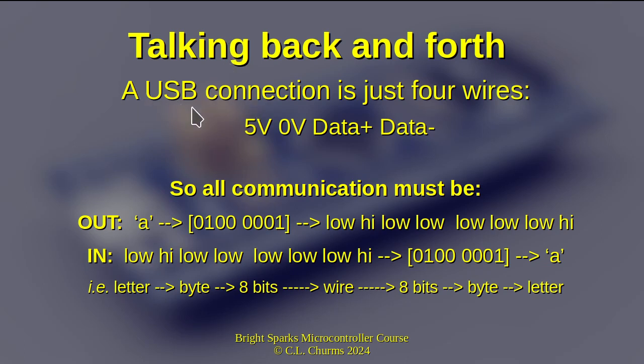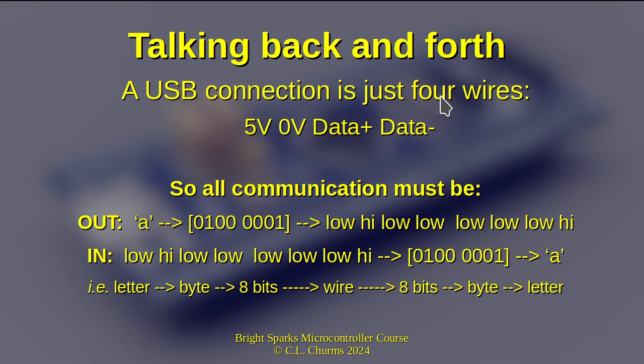our USB connector to our computer is just an example of how microcontrollers talk. And if you were to open it up, there are basically just 4 wires. The new USB-C has a couple more, but don't worry about that.